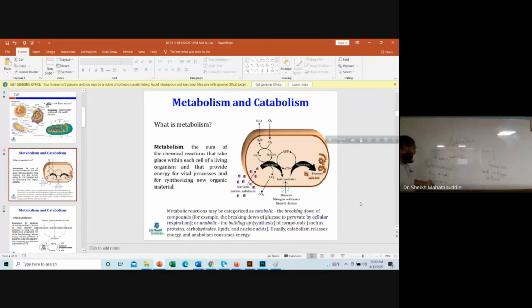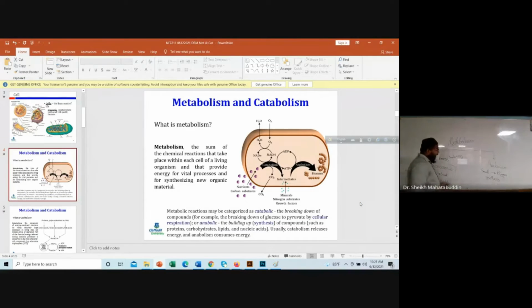That means each and every catabolism process finally gives you some energy, and that energy is in the form of ATP, adenosine triphosphate, or NADH, known as the energy molecules in your body.